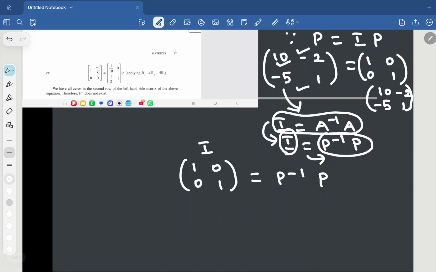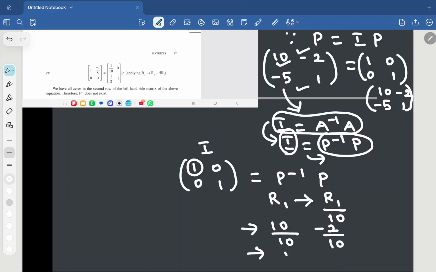Here we have 10. We have to convert this 10 in the form of 1. So, the first elementary operation is to divide the first row R1. Here we have 10. Therefore, R1 by 10. 10 by 10, minus of 2 by 10, 1, minus 1 by 5.